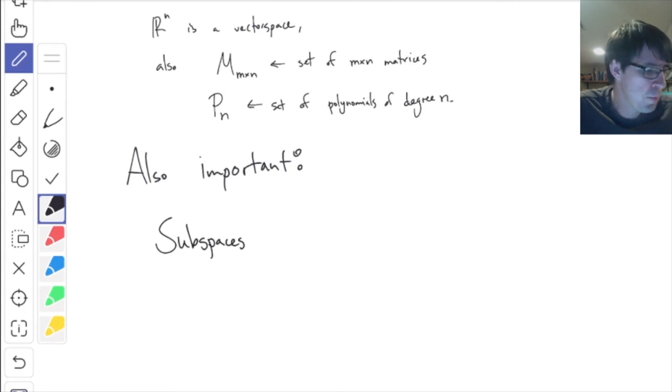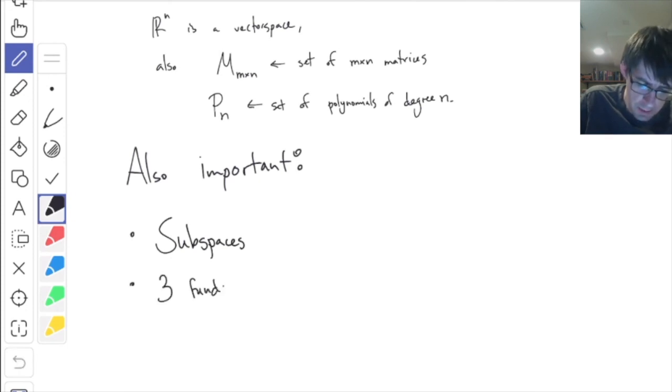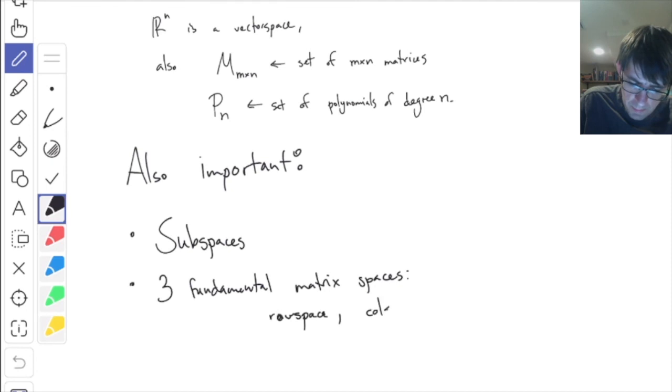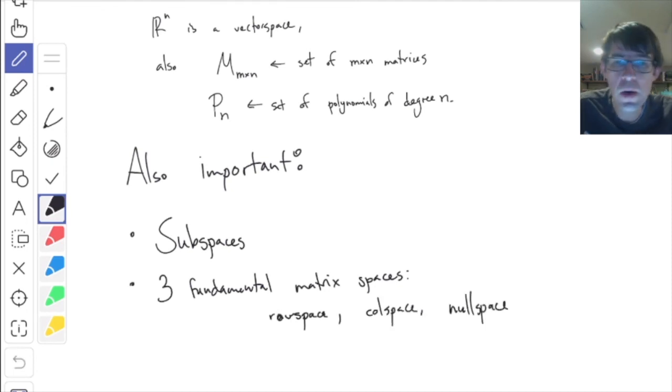Another important concept is, these are in no particular order, the three fundamental matrix spaces. They are the row space, the column space, and the null space. You should know what those are and how to find them.